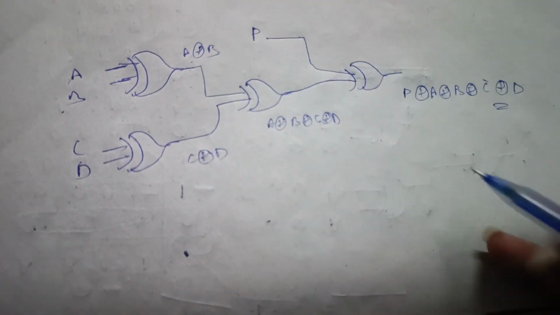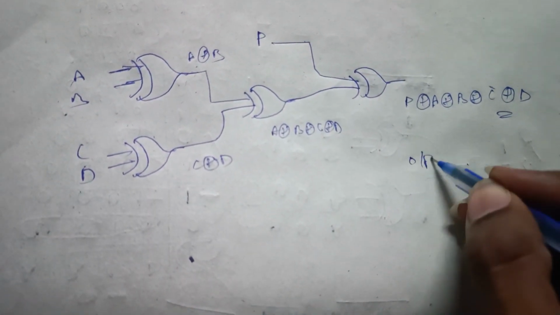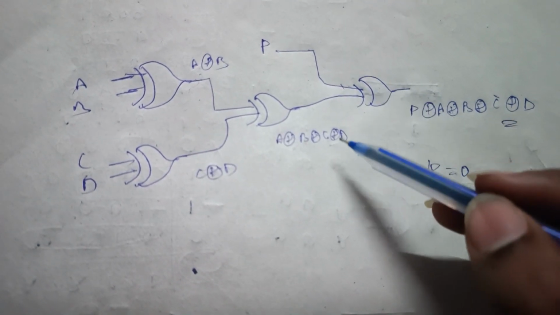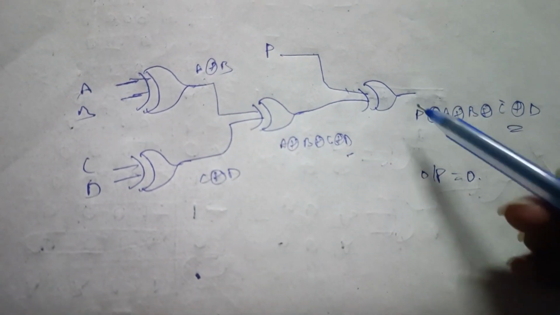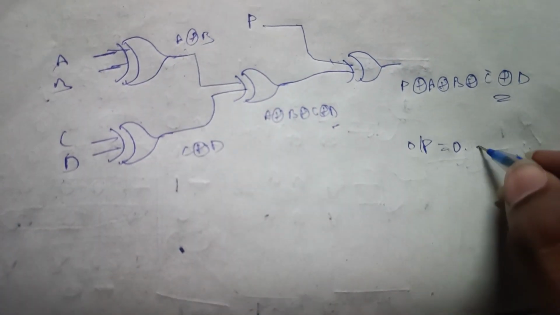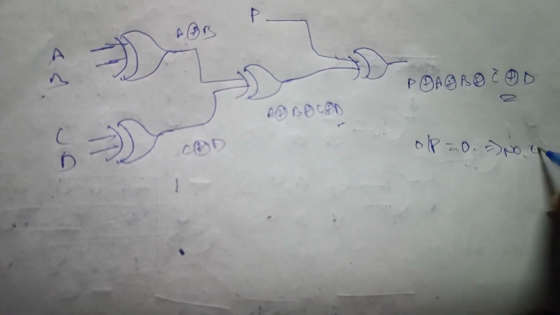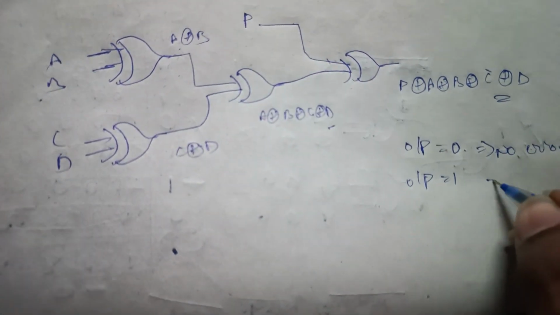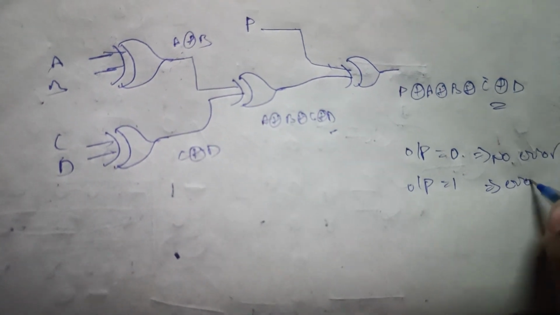Finally we get P XOR A XOR B XOR C XOR D. If the output is equal to 0, that means the parity and this XOR operation result are equal, and the output of the XOR gate will be 0, which indicates no error. If the output is 1, then we have an error.